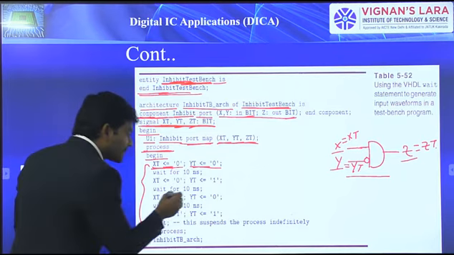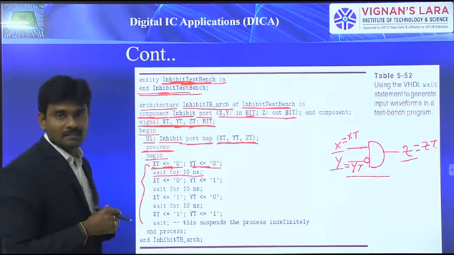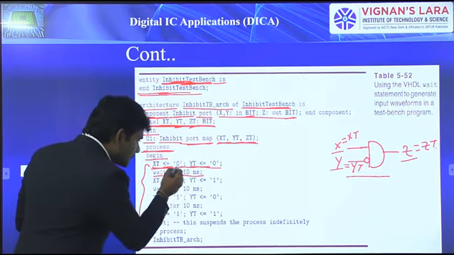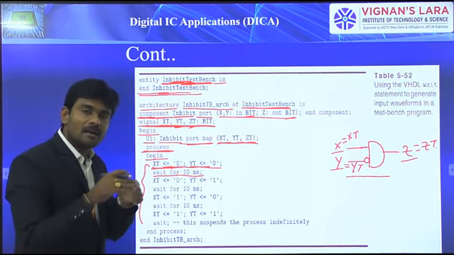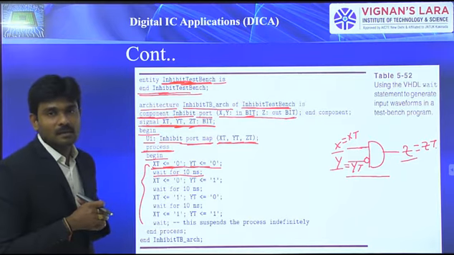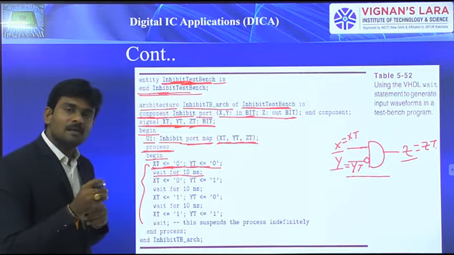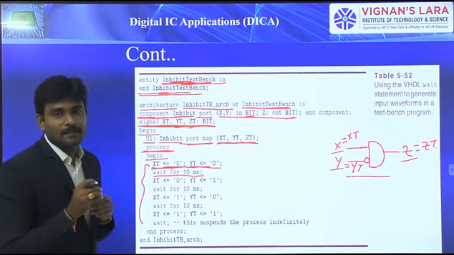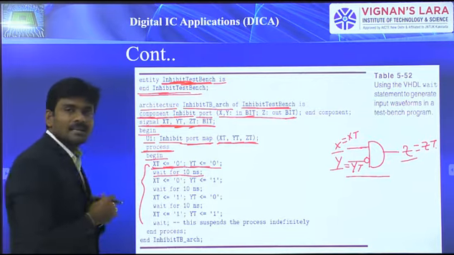Then after that, I mentioned wait for 10 nanoseconds, because after applying this, it needs to be executed by the program and it needs to develop the output for that. To perform that task, it is going to take a certain time. Because of that, you should not start the next statement immediately.